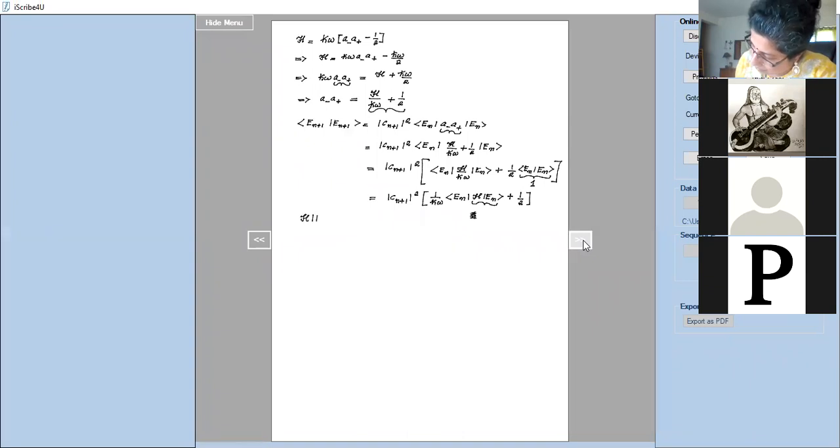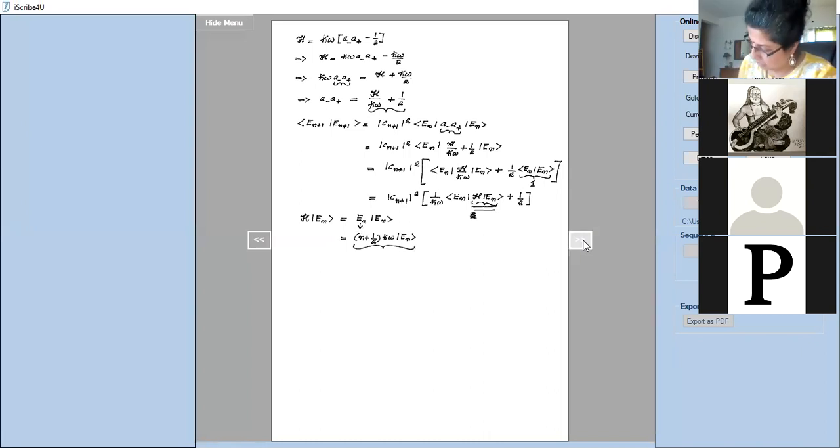H acting on |En> will give me En |En>, correct? What is this En? This is nothing but (n plus half) h cross omega, correct? So let's now put this value here.